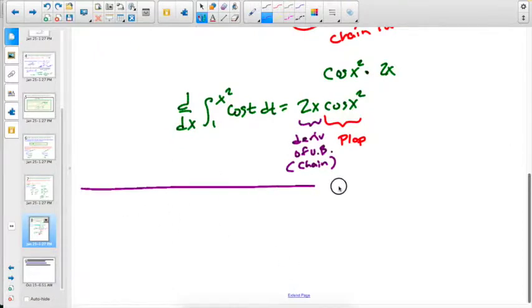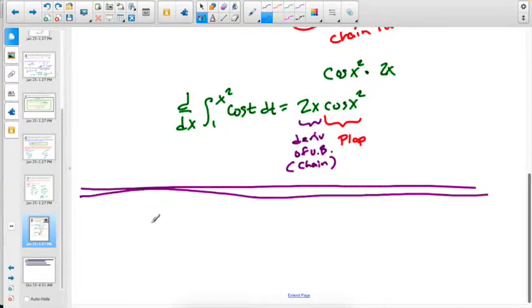Now, just an aside here, if we would go back to taking the derivative on the other page, we took the derivative from 1 to just x of cosine t dt. And we were being asked to take the derivative of that. And we ended up with just cosine x. We could do the chain rule on that.